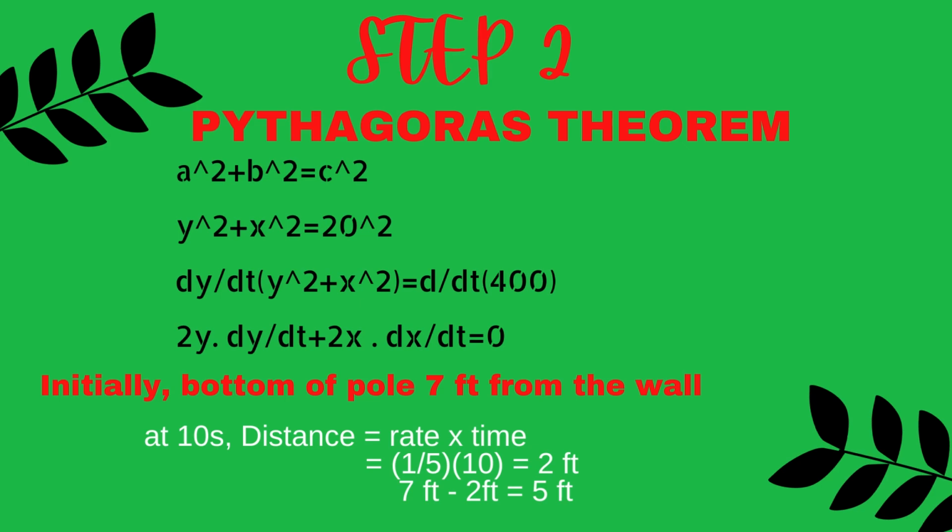Next, we know that the bottom of the pole is 7 feet away from the wall before it is pushed, so we want to find the distance after it is pushed. Therefore, we substitute the rate and time to find the distance after 10 seconds. After we calculate, we know how far the bottom of the pole is from the wall after 10 seconds.